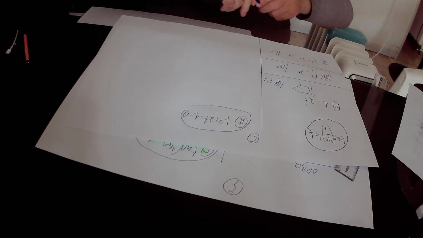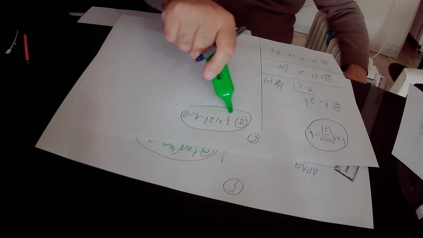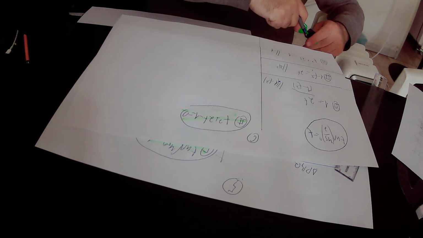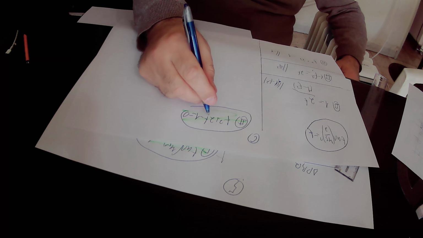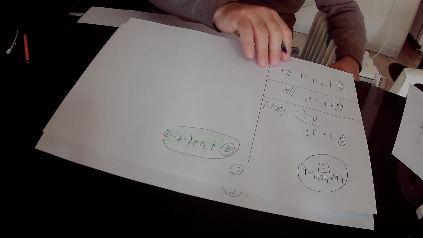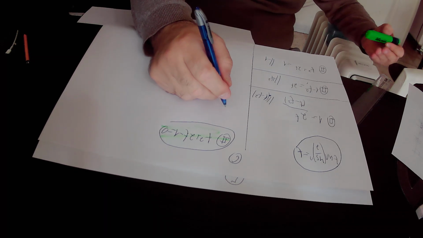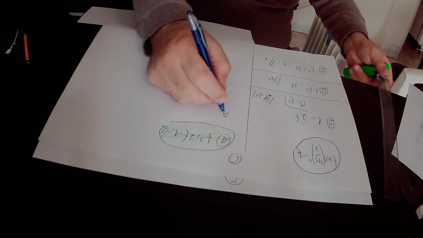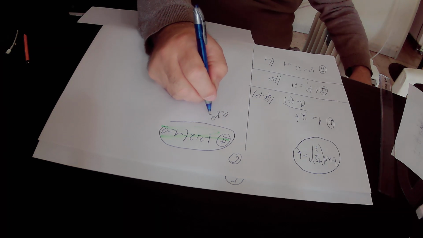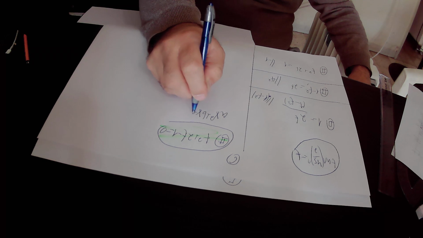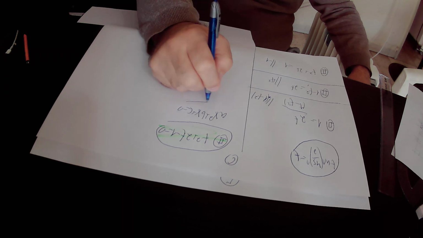So actually this is a quadratic equation, and the general formula for a quadratic equation is ax squared plus bx plus c equals 0.